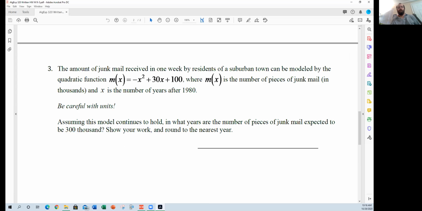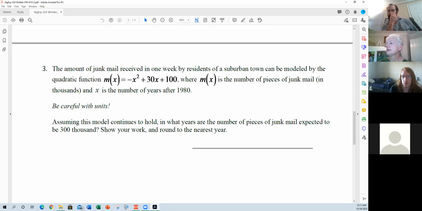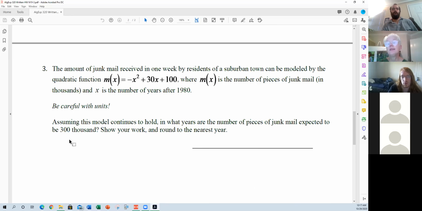Anyone? Put it equal to 0. Not set it equal to 0, but set it equal to, what's the number that they're giving us in the problem? Assuming the model continues. 300,000, right? And then set it equal to 300,000. I think maybe that's what you meant.